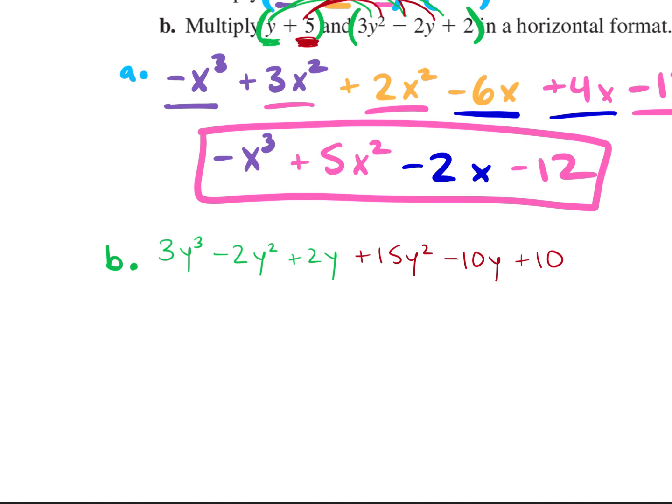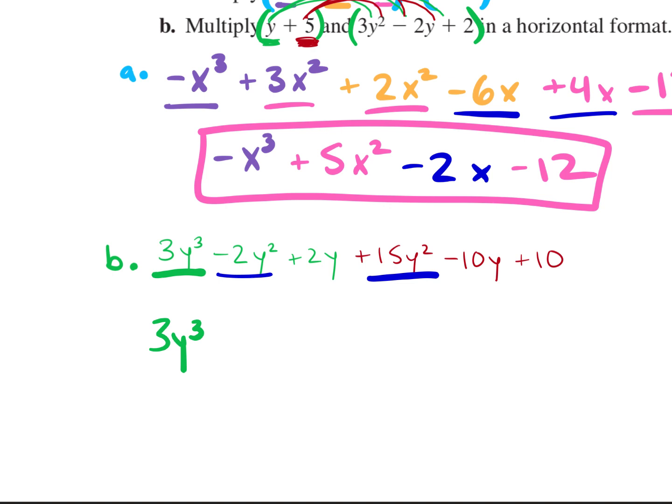Am I done? What do I do next? Combine like terms. Do I have any like terms with the 3y cubed? Nope. So I start with 3y cubed. My highest degree goes first. My y squareds are going to come next. So I have negative 2y squared. Any like terms with that? 15y squared.